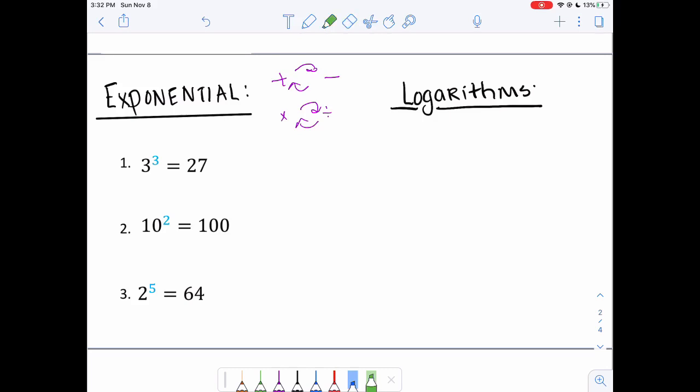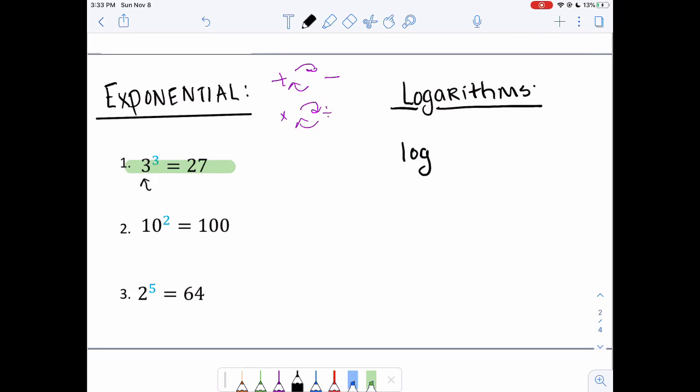So let's take, for instance, this exponential expression. We can easily rewrite it in logarithmic form. What we're going to do is just write log, that's the abbreviation for logarithms. And to write our log, we need to remember to drop our base.